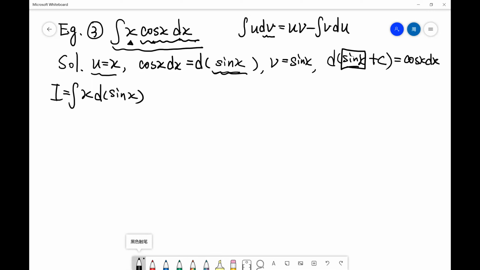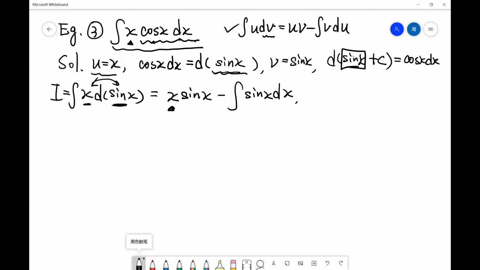So here we can use the formula: u times v, that is x times sine x. We have x here, don't miss it. And then minus, we change the places of u and v, so the integrand should be sine x dx.